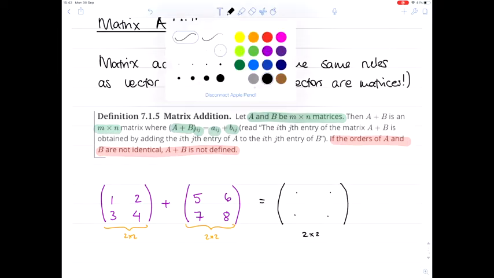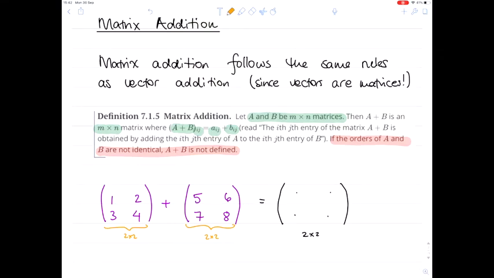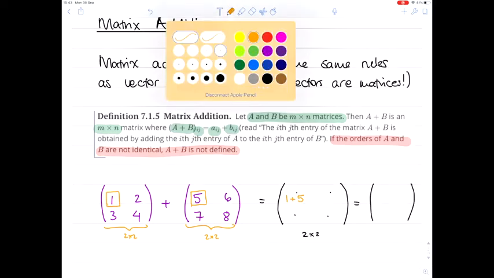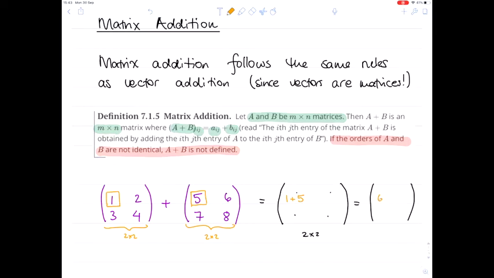And how do we get these entries? Well, we take the 1, 1 entry from the first and the 1, 1 entry from the second matrix, and we add those together. So we've got 1 plus 5. So I'm just doing this in excruciating detail so you can see what's happening. Okay, so our first entry in our sum is going to be 6.